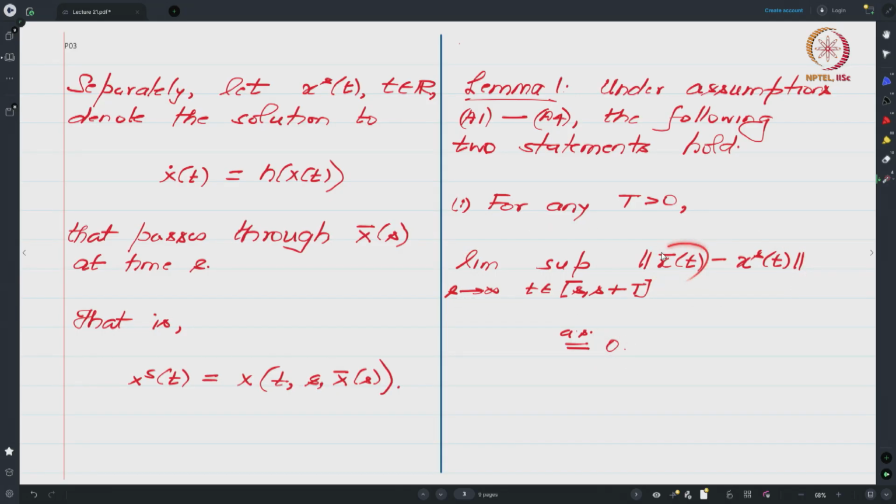So, recall that x bar is the linear interpolation of your stochastic approximation algorithm's iterates, and x^s is the solution to your limiting ODE, which at time s passes through x bar of s. And what this result says is that this distance in this window, as you shift the initial point of your window to infinity, goes to 0.